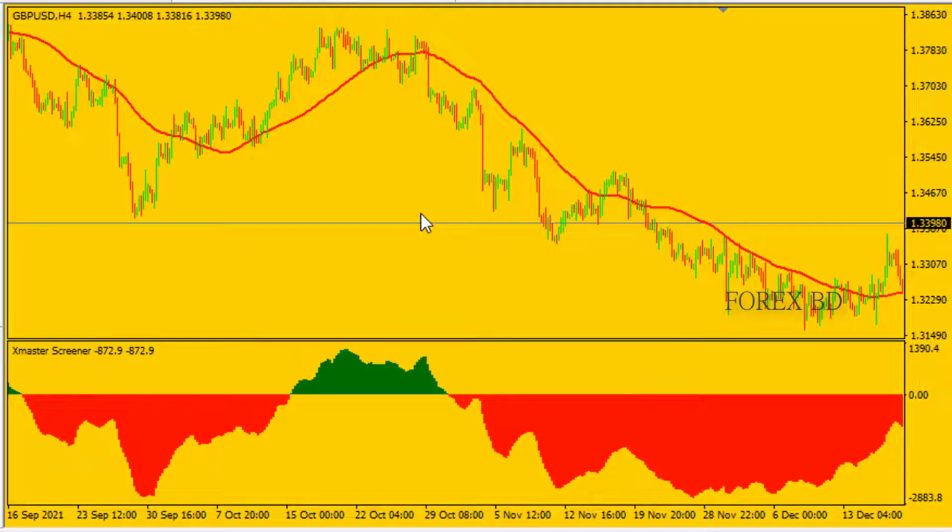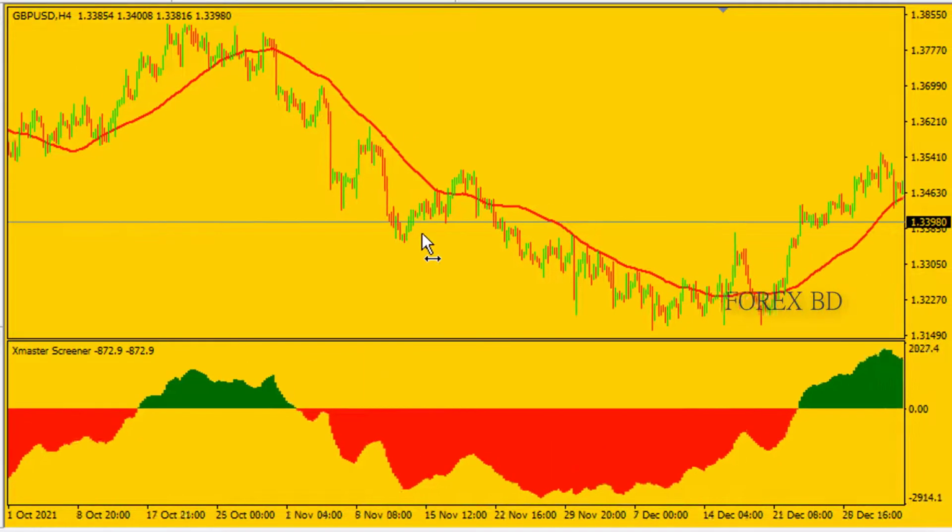Suppose you see a red histogram has been created, which means that the market will go downtrend. Then you have to notice the moving average. If you see that the price is below the moving average, then you can take sell entry without any confusion. When you see a red histogram being made and the market is below the moving average, then you will take a sell order. So this is not too tough.